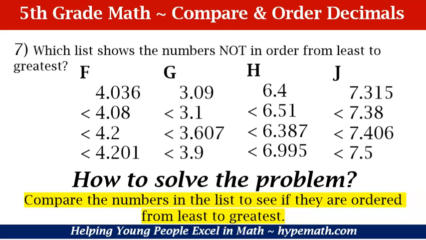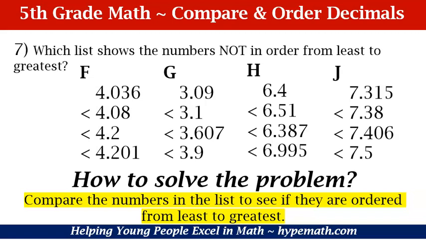So the number would read 4.200, okay? If the number read 4.200, that means the last two numbers in our list for answer F, the ones place is the same, they both have a 4. The tenths place is the same, they both have a 2. The hundredths place is the same, they both have a 0.